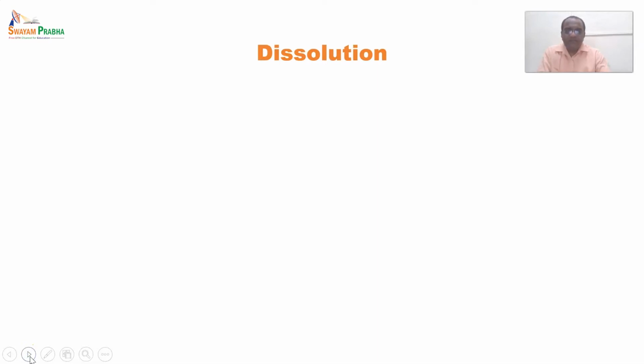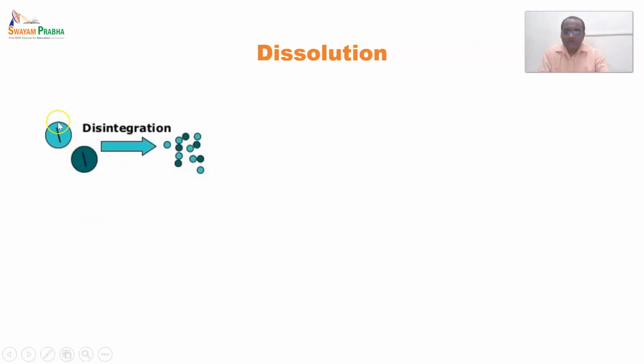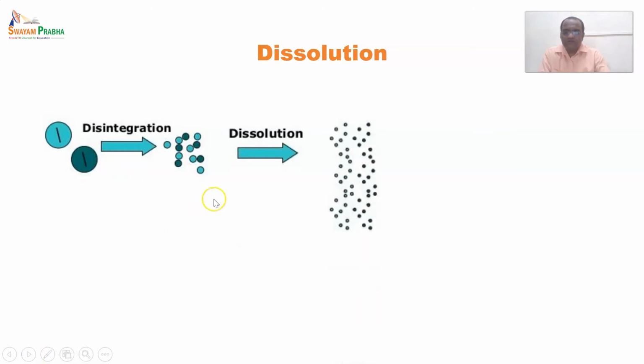So diagrammatically we will now understand what actually a dissolution is. Here you can see a drug in a dosage form, that is a tablet, and it disintegrates. Disintegrate means it forms small particles, and once it forms small particles, it is ready for dissolution. Dissolution is nothing but the small particles disaggregate and enter into a solution.